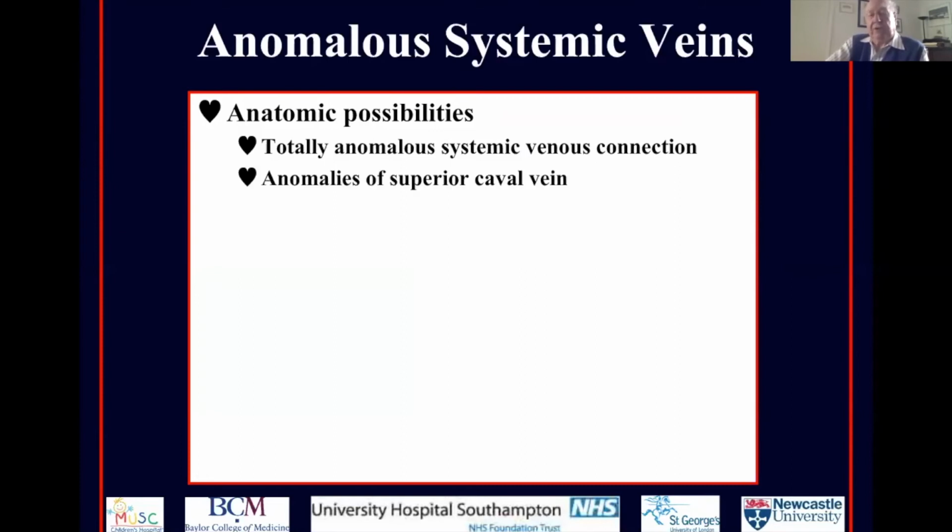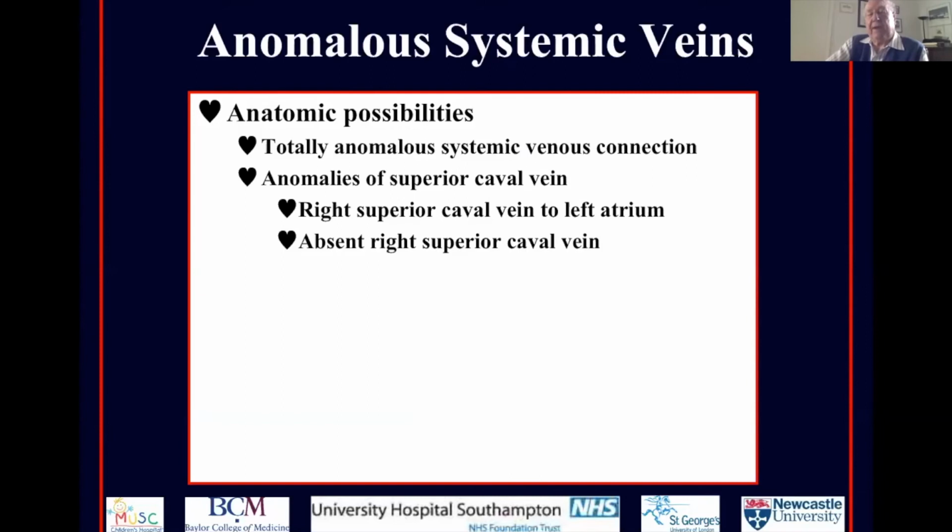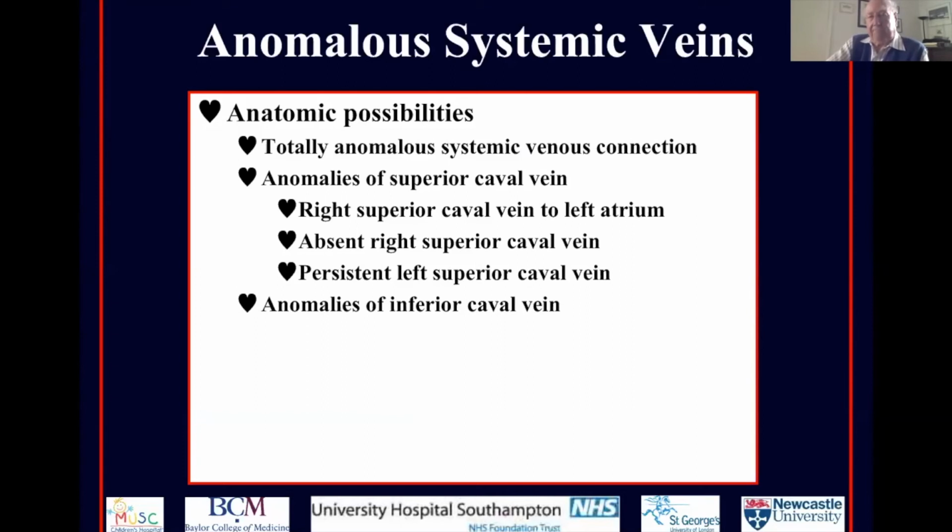But more usually, we're going to be looking for anomalies of the superior caval vein. Rarely that. The right superior caval vein can drain to the left atrium. That is one of the steps towards totally anomalous systemic venous connection. That is rare. It can also be absent. But the one that we should be concentrating upon is persistence of the left superior caval vein.